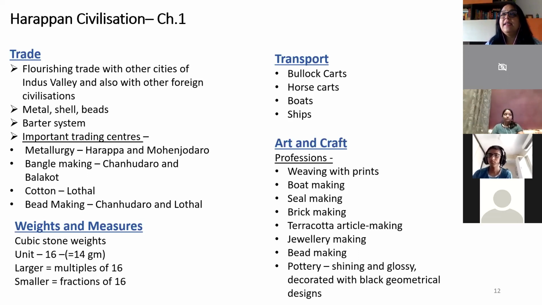Their unit was 16. They made stone weights which were cubes, in the shape of a dice, and the number 16 was written on top of it. That 16 was the basic unit of measure.